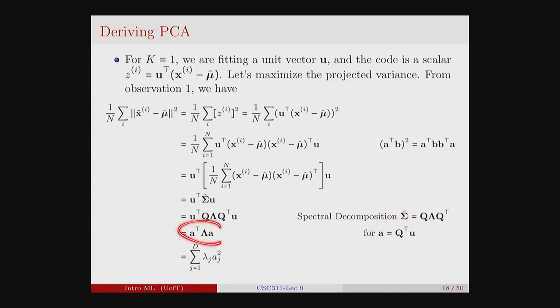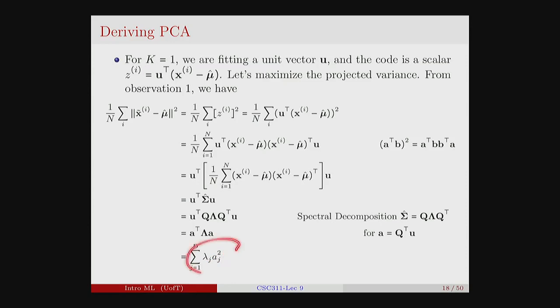And so that's going to be a transpose lambda a, and lambda is a diagonal matrix. So I can write this down as the summation over the d dimensions of lambda j aj squared. This just uses the fact that lambda is a diagonal matrix.